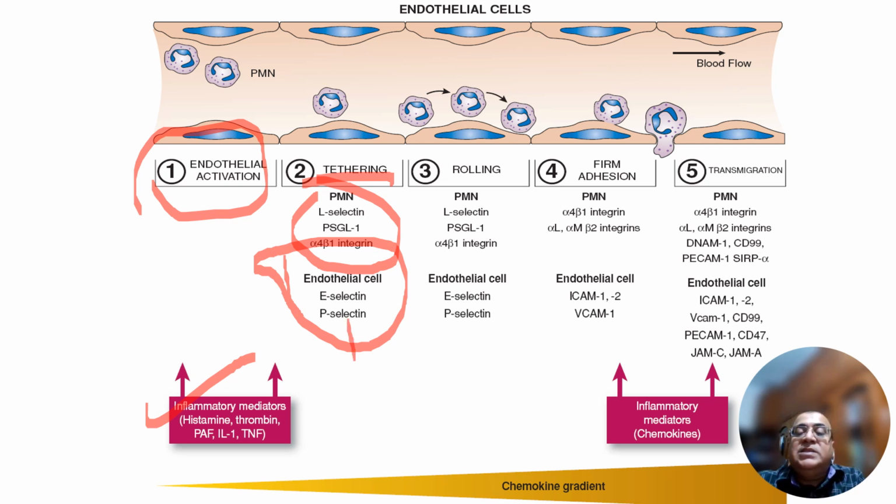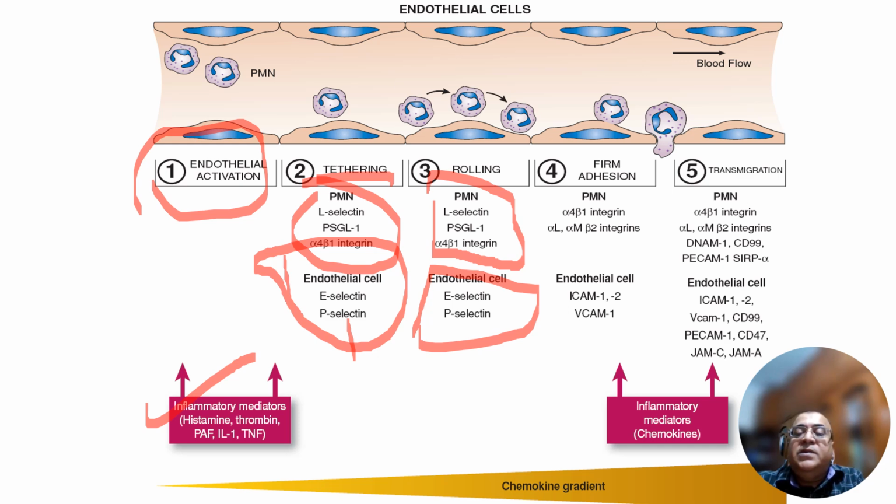Then there is a step of rolling, that is, saltatory or leaping movement of the leukocyte along the surface of the endothelium, and this is by the selectin, PSGL1, and alpha 4 beta 1 integrin, and there is presence of E-selectin and P-selectin on the surface of the endothelium.